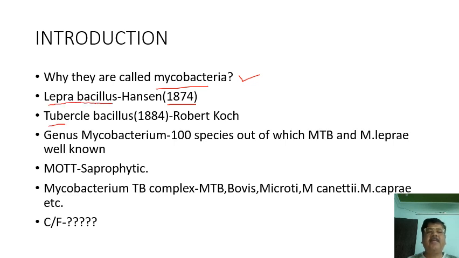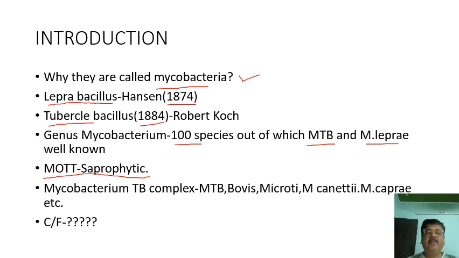Then the tubercle bacillus was discovered by Robert Koch in 1884, and about 100 species of mycobacteria are there. Out of that, Mycobacterium tuberculosis and Mycobacterium leprae are well known. And there are also mycobacteria other than tuberculosis. They are called saprophytic mycobacteria, and these are found in human lesions, and it is very important to differentiate them.